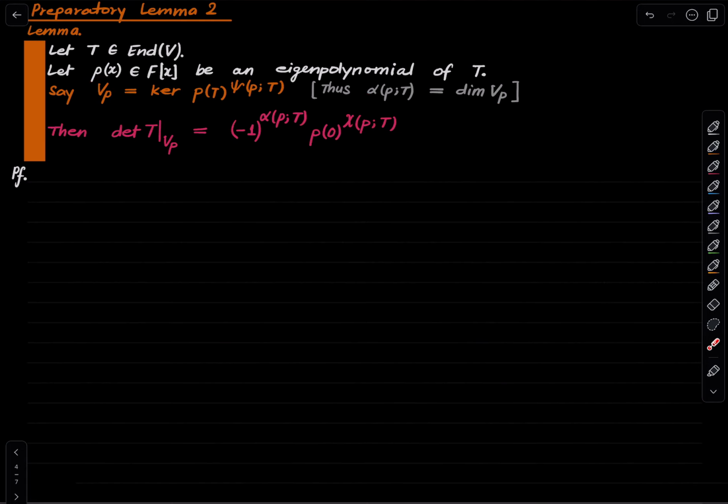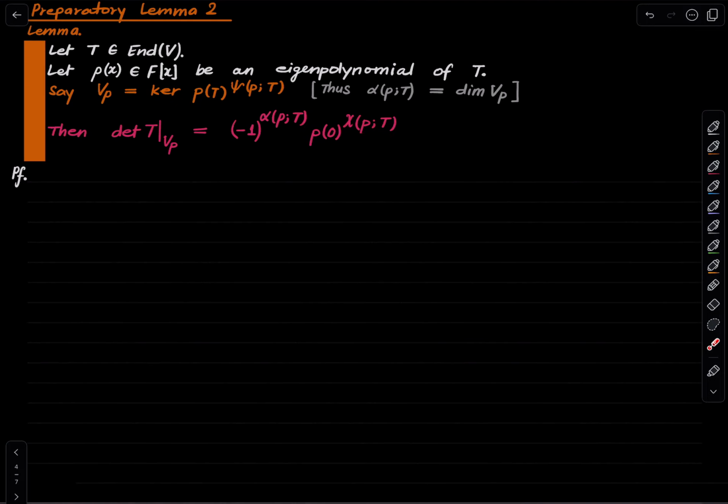Doesn't matter, that is not what we are going to use, or yeah, we are actually going to use that here. So the determinant of this endomorphism, since this is a T-invariant subspace, we can talk about this endomorphism, and the determinant of that is some appropriate sign times a similar expression, P0 to the power some exponent, which is the characteristic exponent.